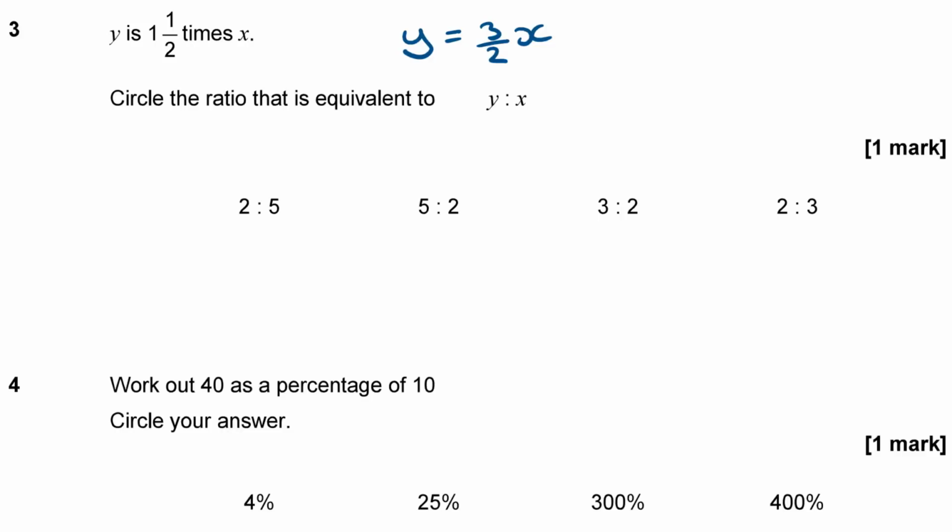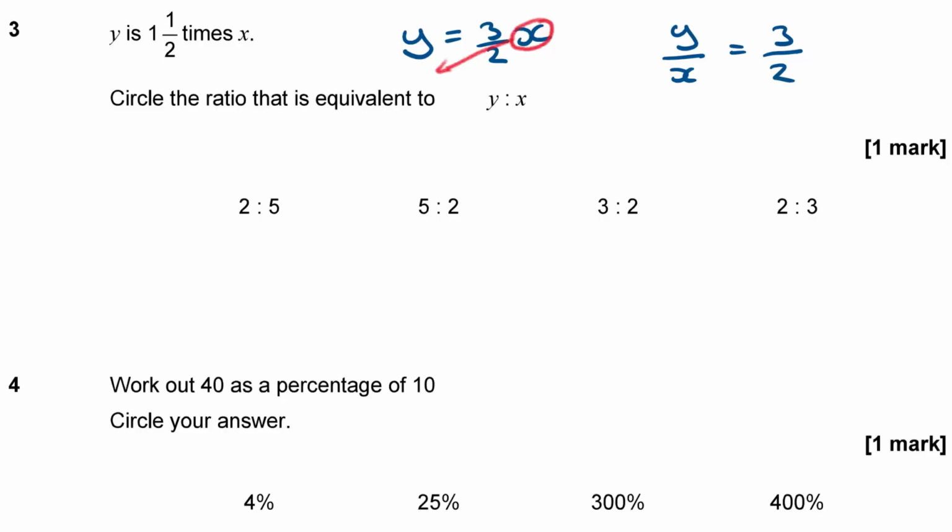And we need to turn this into a ratio. Now, the easiest way is to get it as a fraction of one value over the other. So if I take this x here and cross multiply it down here, we should get y over x equals 3 over 2.